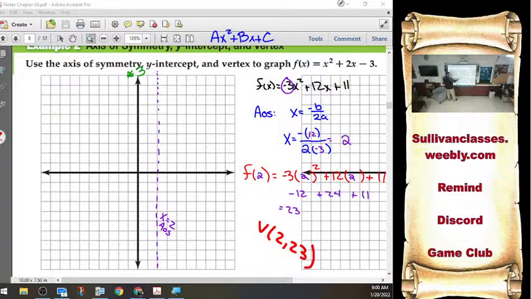Over 2, up 3, 6, 9, 12, 15, 18, 21, 24, back it up. 2/3 of the way through the box. Vertex at 2, 23.